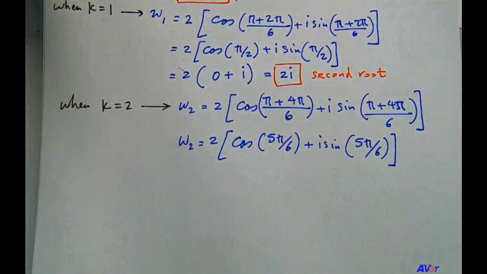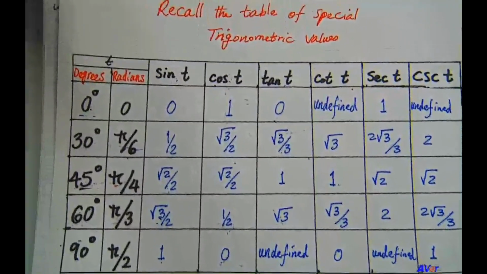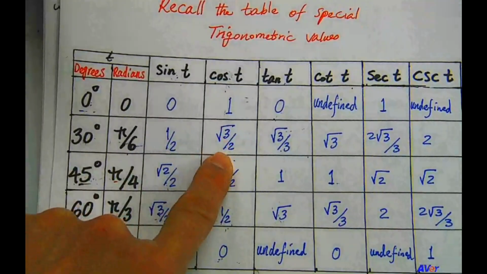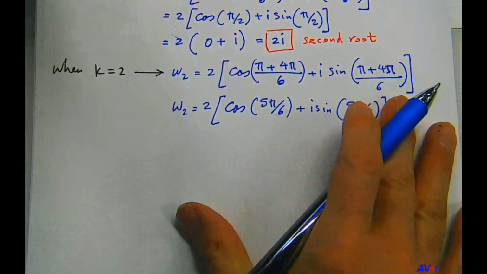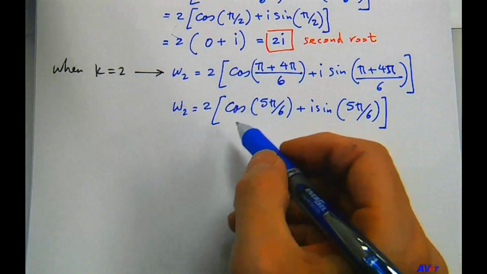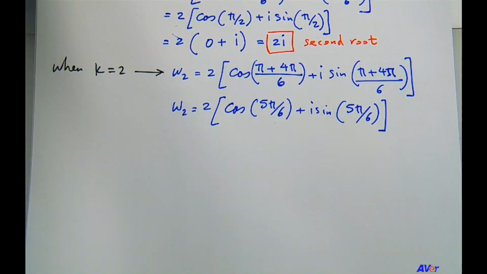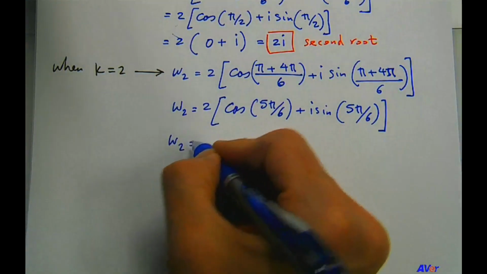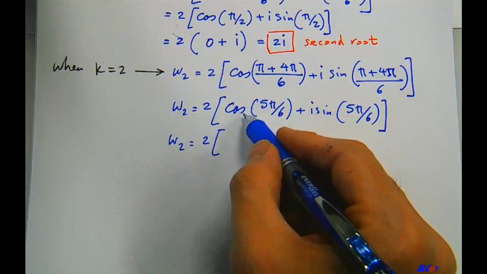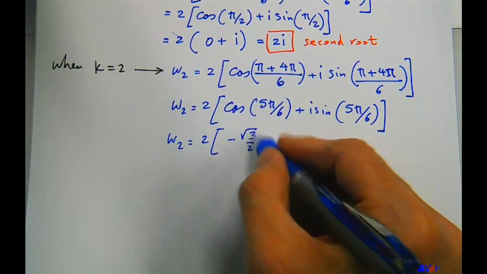Okay, and we already know that cosine of pi over 6, being the reference angle, is equal to square root of 3 over 2, and the sine is 1 over 2. So all we have to do is use those numbers from the table of special trigonometric values, keeping in mind which quadrant we are in, right? So W2, for cosine, is going to be negative square root of 3 over 2 because we're in the second quadrant.